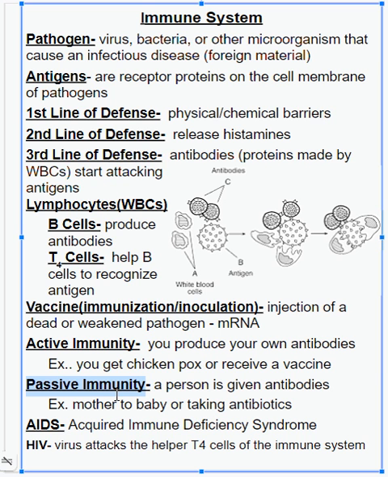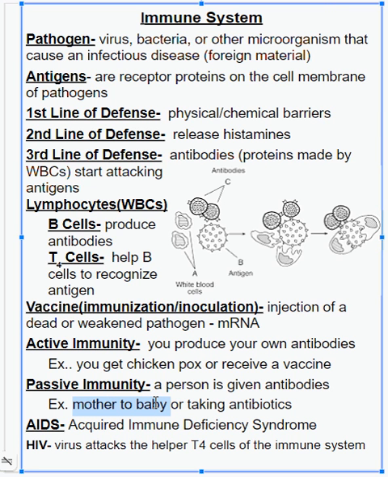However, passive immunity can also be helpful. If a person is exposed to an antigen, they can get antibody therapy. So they can be given antibodies to temporarily increase their body's defense. Another way you can get passive immunity is through breast milk from mom to baby.